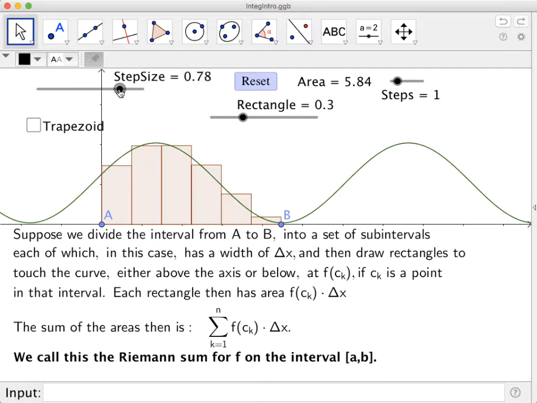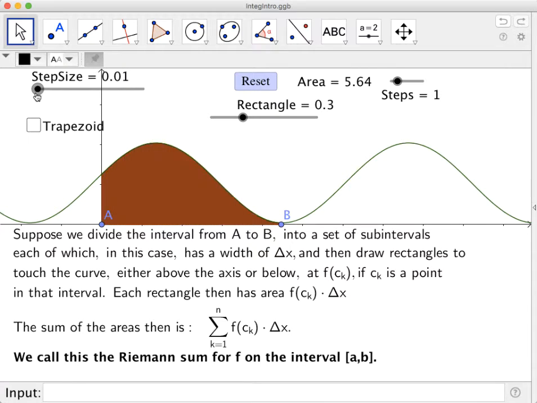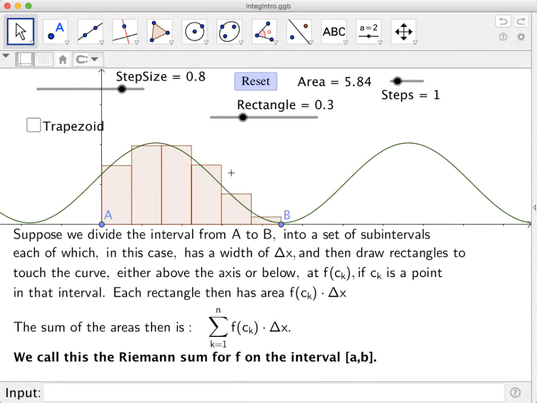Now obviously we can get a more precise estimate of that area as the intervals get narrower and narrower, and we can also improve on the use of rectangles by substituting trapezoids, which will give us a more precise estimate as well.